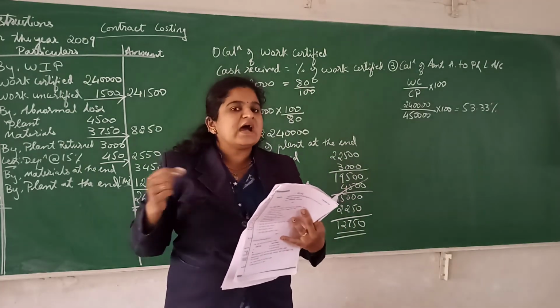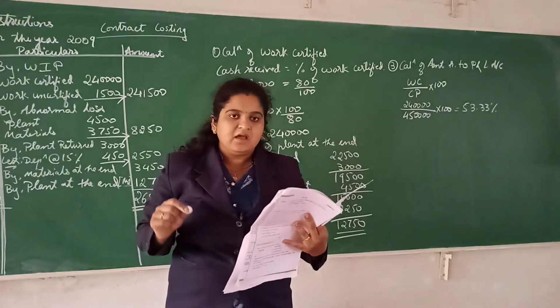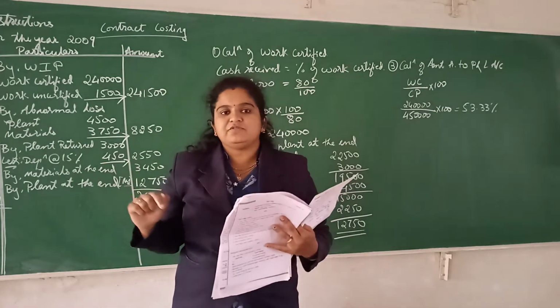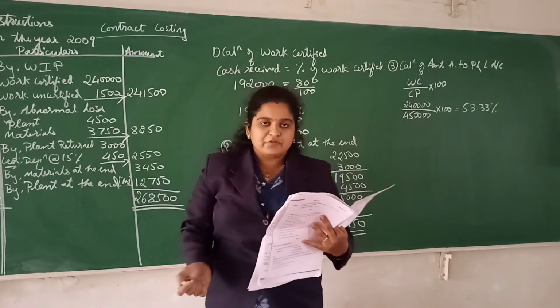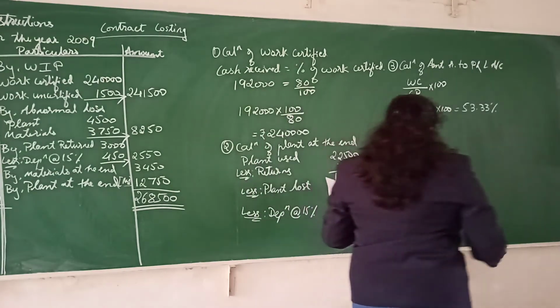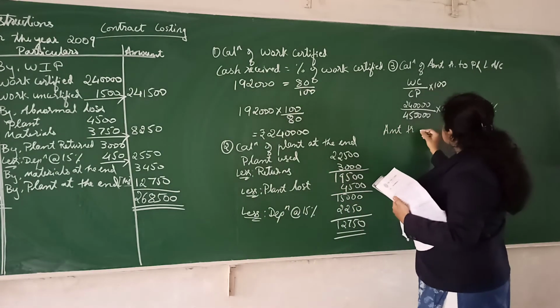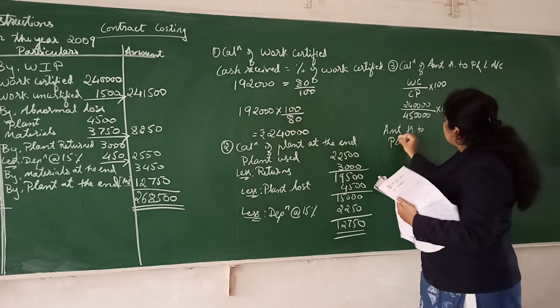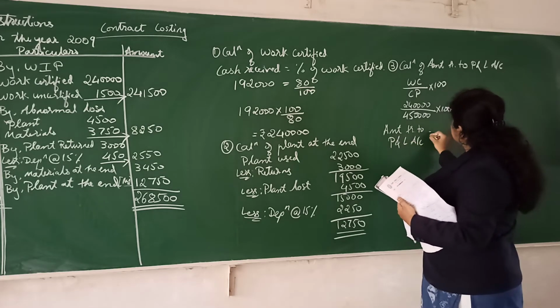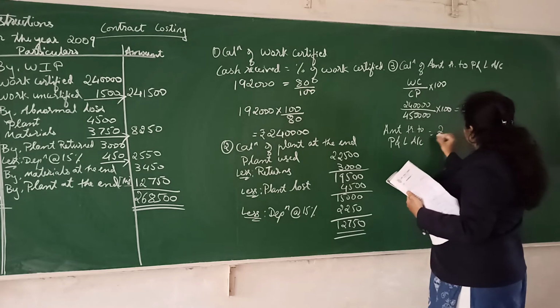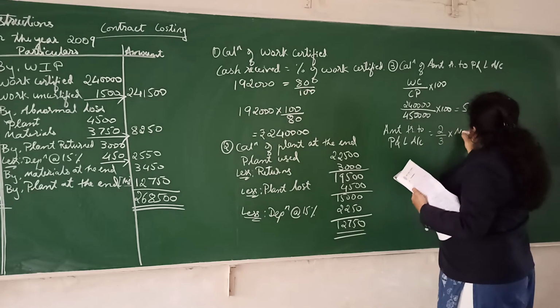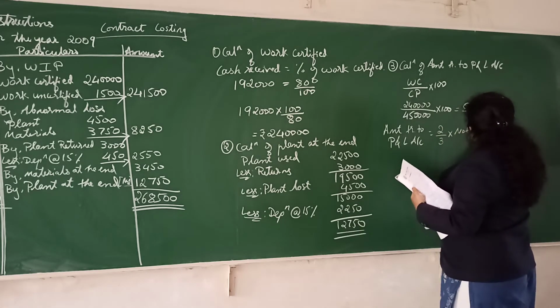Now when more than half of the contract is completed, 2/3 of the notional profit has to be transferred to profit and loss account. Okay, so write down the formula. Amount transferred to profit and loss account is equals to 2/3 of the notional profit.